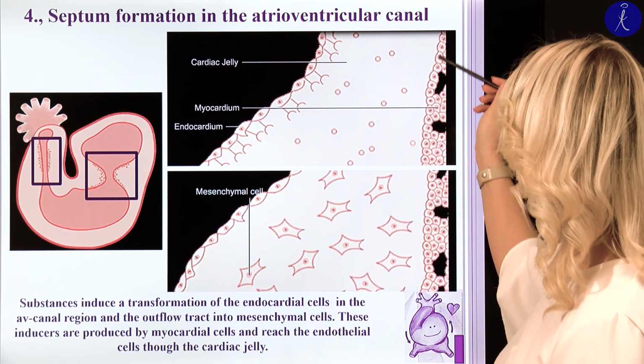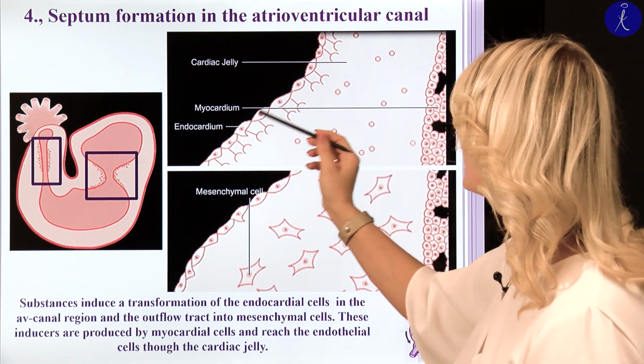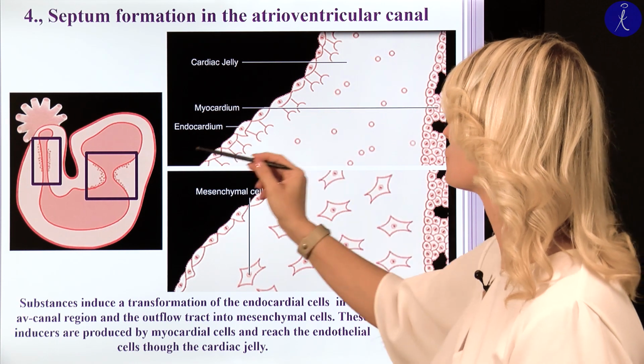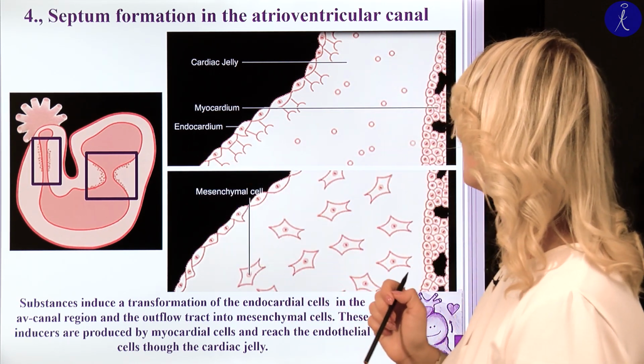You can see the myocardial cells and the endocardial cells, which will form the innermost surface of the heart tube.